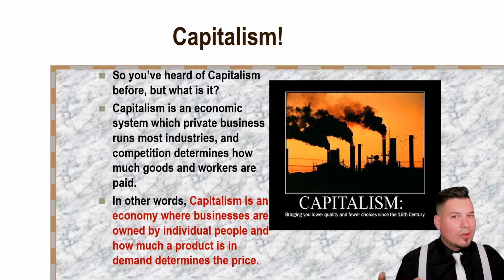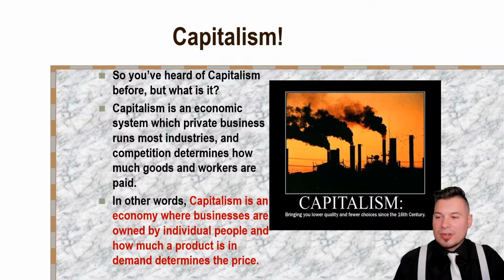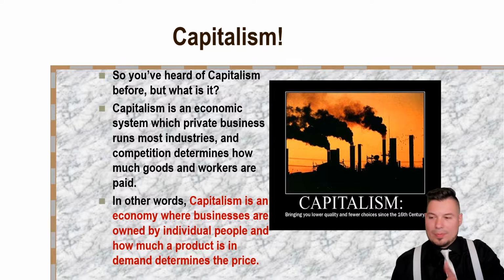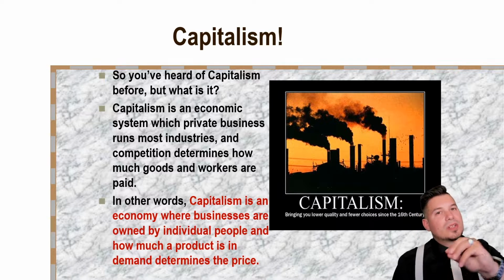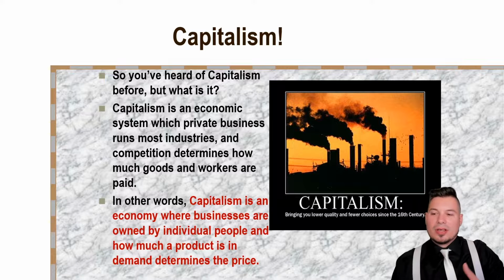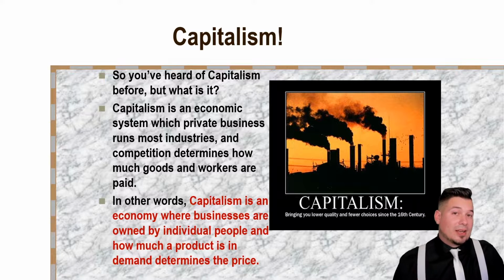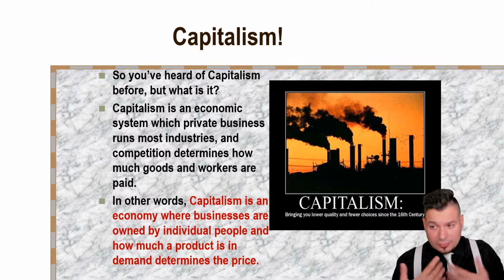To boil that down into a more simplified version, capitalism is an economy where businesses are owned by individual people, and the price of a product is determined by its supply and demand, and of course how much workers are paid.